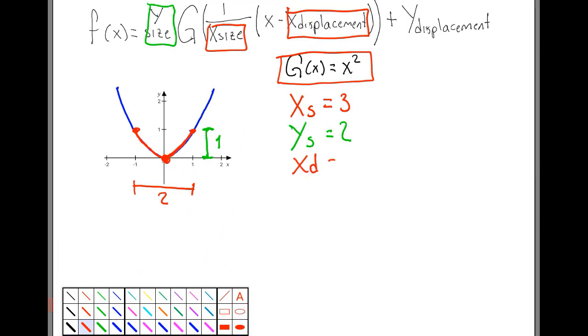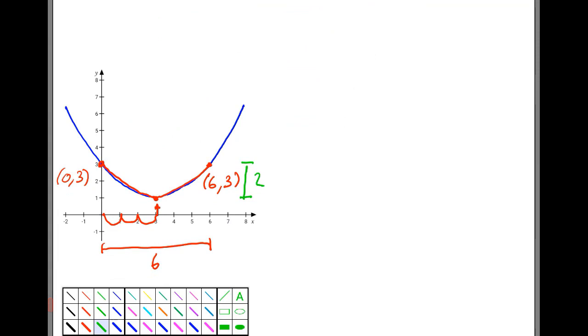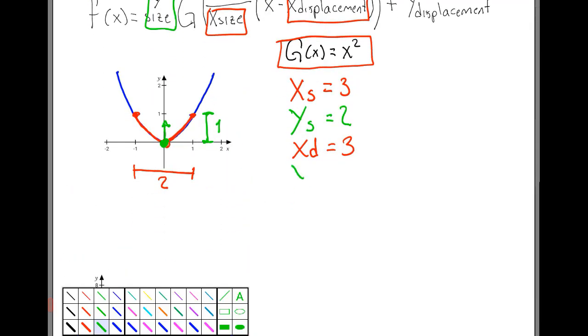X displacement equals 3. We're going to do the same for the y displacement. Again, the center is here, and we are going to know how much we are moving it up. For this parabola, here we have the center that is at 1. So at y equals 1. That means that the y displacement for this parabola is 1.